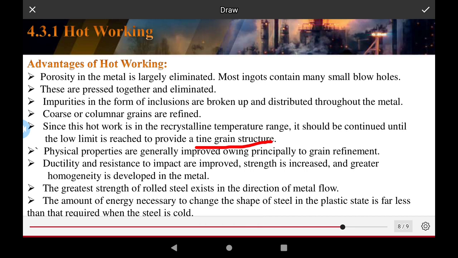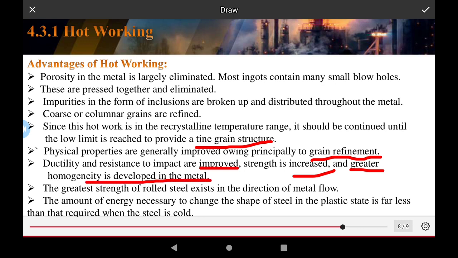The physical properties are generally improved, principally due to grain refinement. Ductility and resistance to impact are improved. The strength is increased, and greater homogeneity develops in the metal.